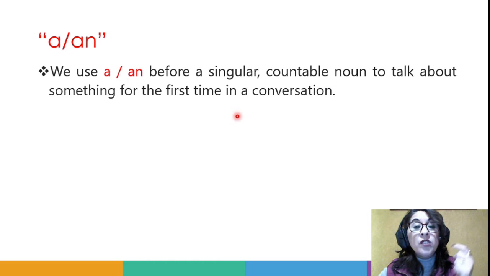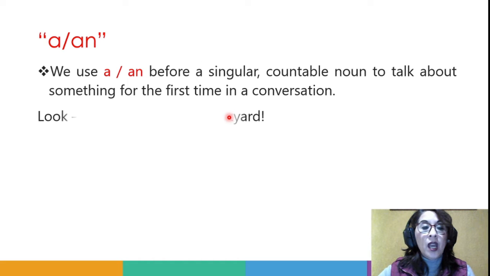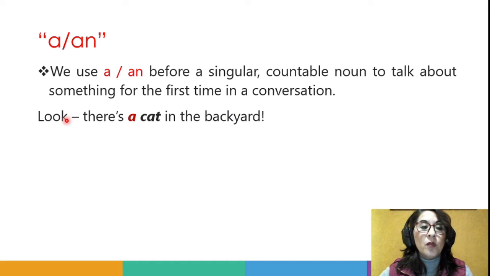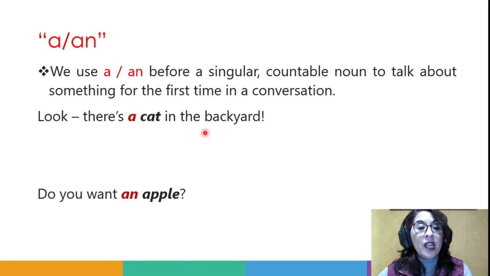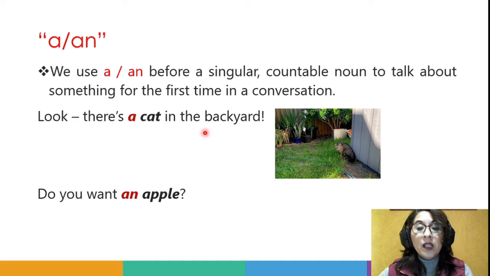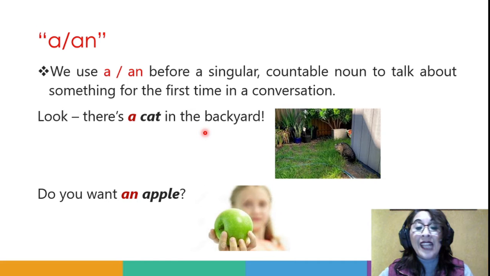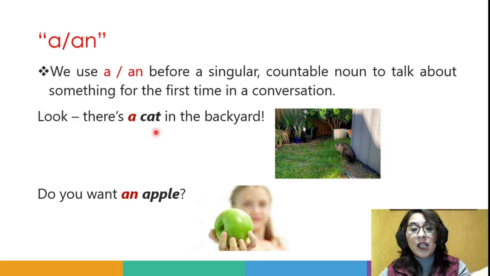And when you are talking for the first time in a conversation, I'm going to show you some examples. Look, there's a cat in the backyard. Do you want an apple? Here you have the cat in the backyard and the apple, right? It's because you mentioned them at first in a conversation.